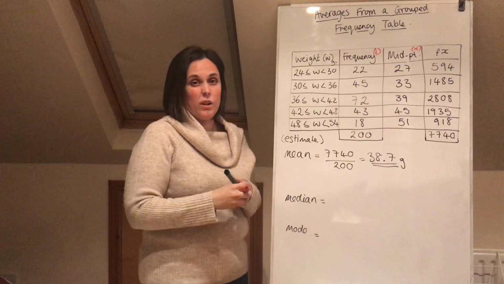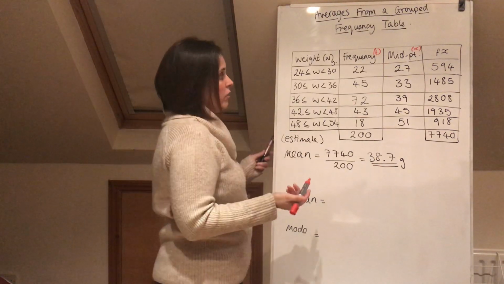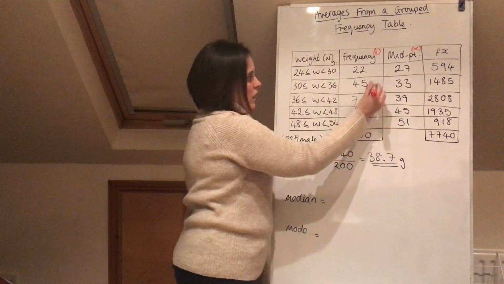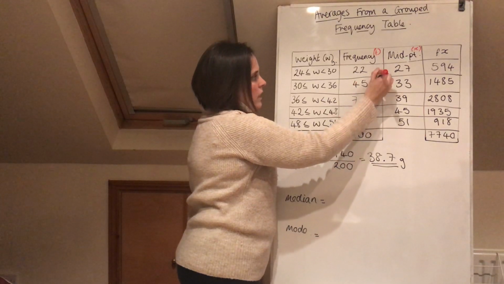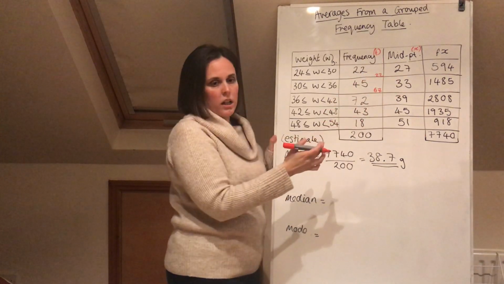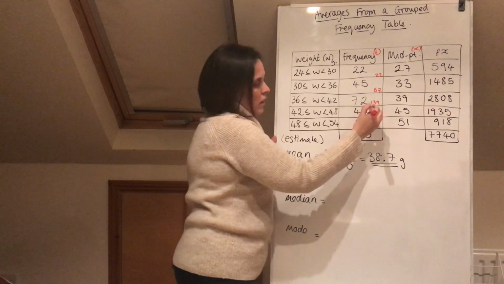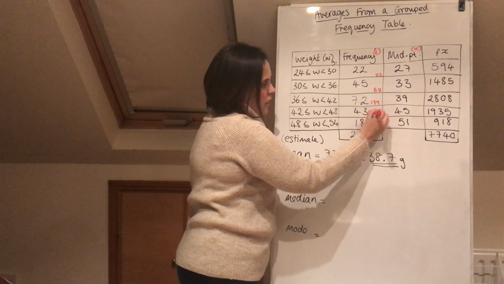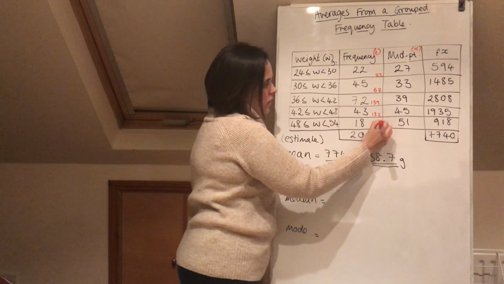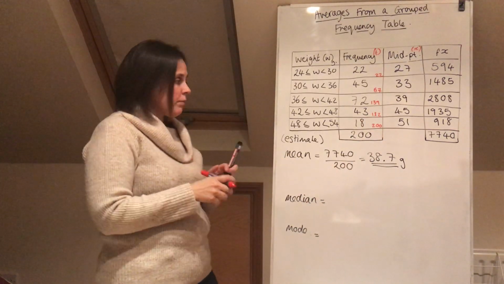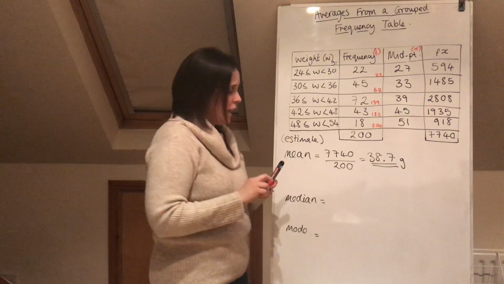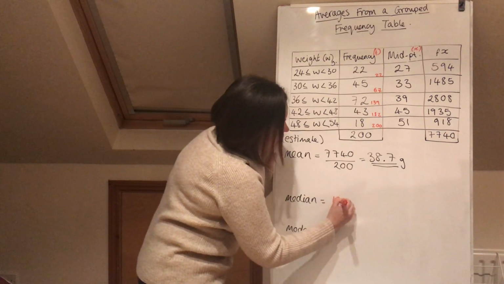So all you do is a little running total, so you do your cumulative frequency down here. So obviously that's just 22 because there's nothing else to add on. Then we have 67, 139, 182 and then 200. Now for the median, remember we're going halfway, so we're looking for the 100th value.